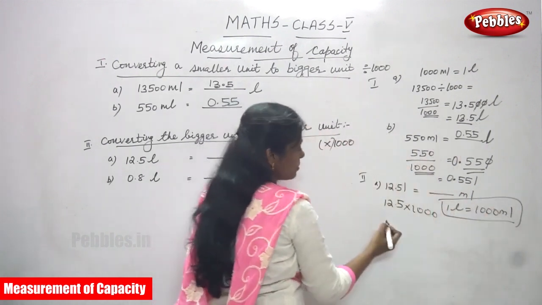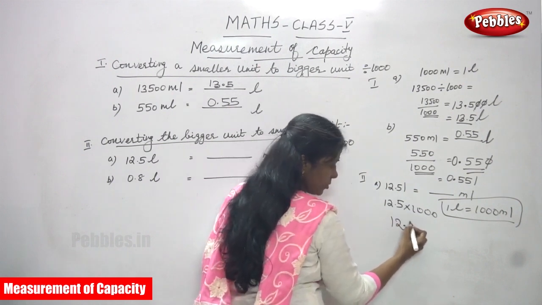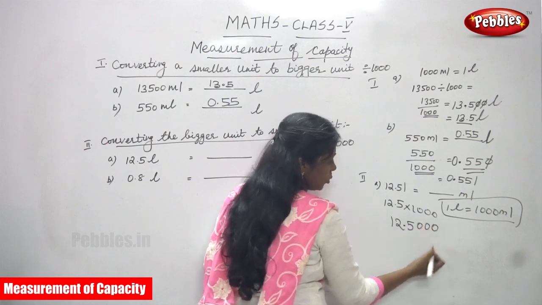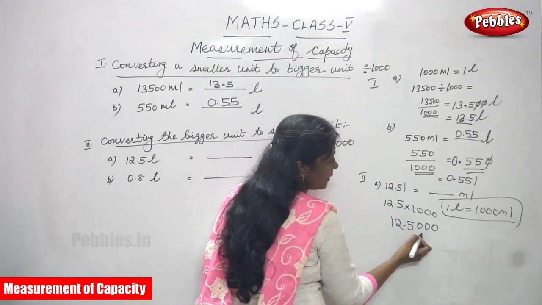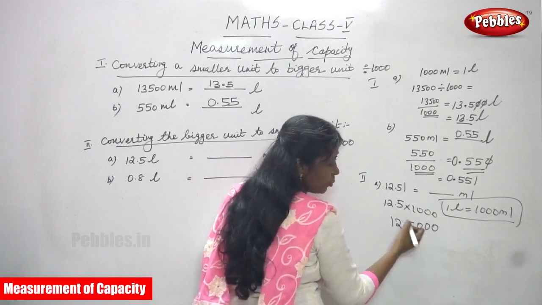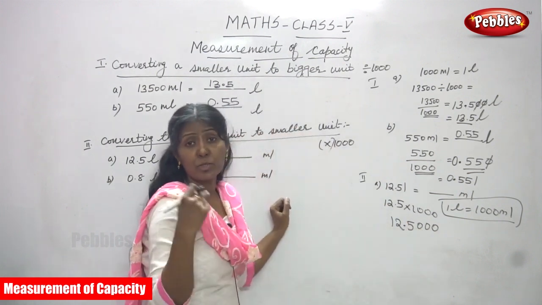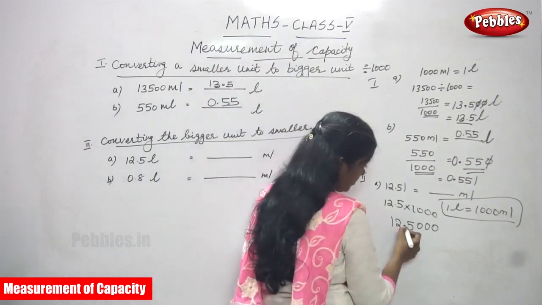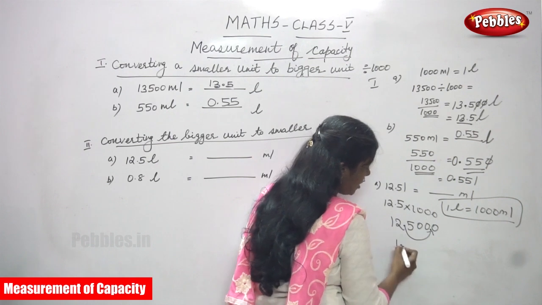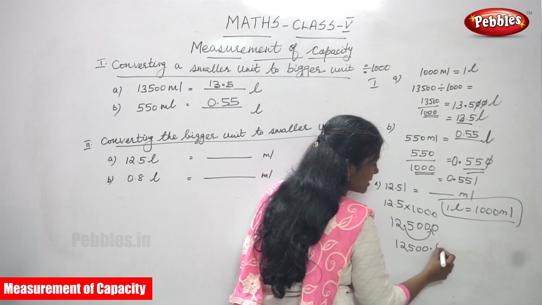Multiply by 1000 means you write 12 point 5 as it is. Then you have to add how many zeros in 1000? 3 zeros. Then you have to move the point. This decimal point moves 3 decimal places to the right direction. So the point comes here, that means 12500, then point after that 0.